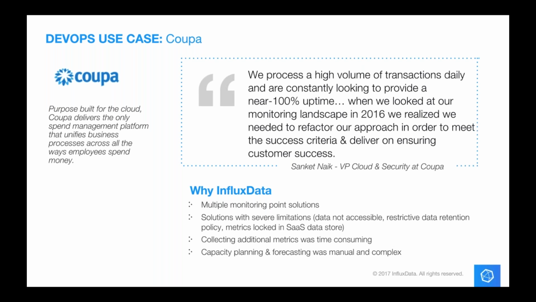The cool thing about this customer is that Sanket, their VP of Cloud, really took the time to sit down with their executive team to articulate a business goal that he could bring to the team. They felt that, in order to hit their revenue goals, they really needed to get to near 100% uptime. And when he sat with his team to articulate how they were going to get there, they took inventory of what they were collecting, looked at their processes and at all the products and monitoring solutions they had in place, and made some tough decisions about what to drop and what to keep.